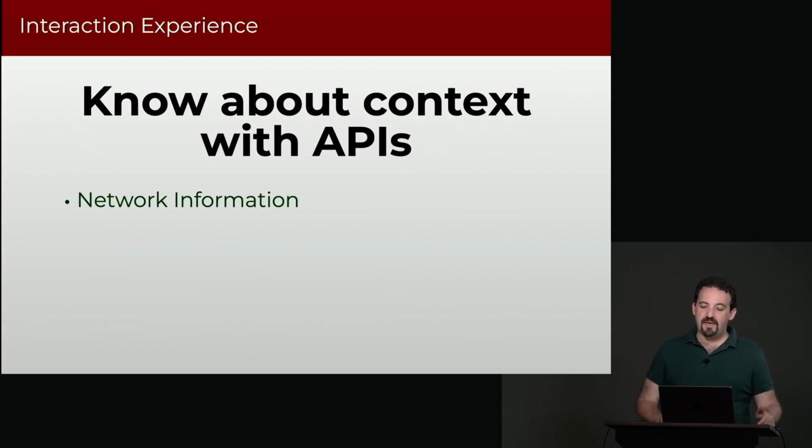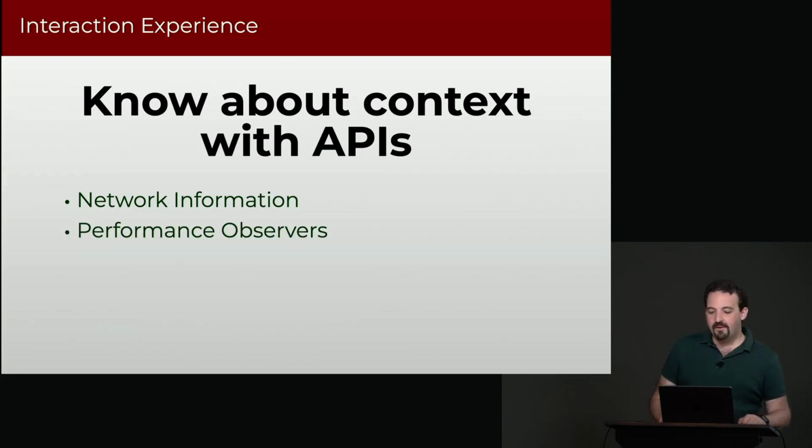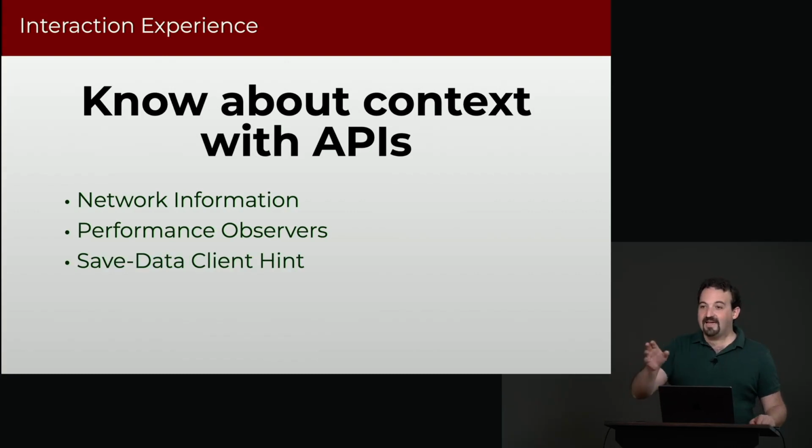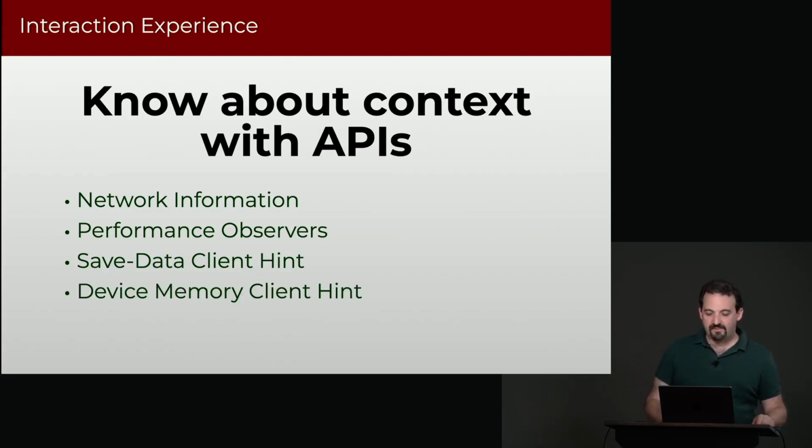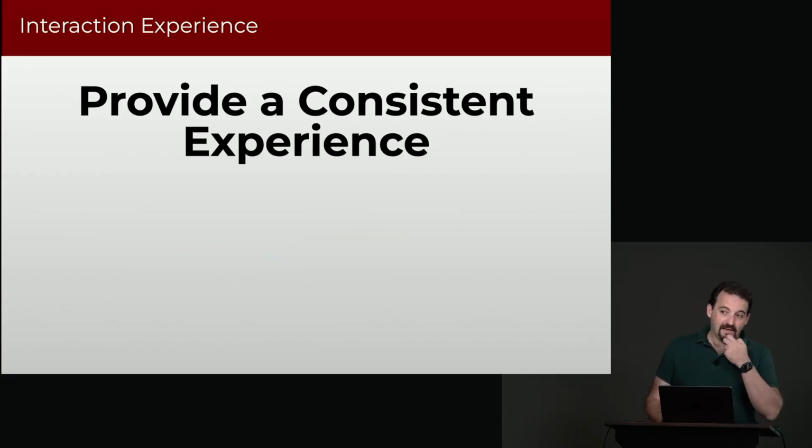So using different APIs. Network Information API is a JavaScript API that will let you know the current, for example, latency. Performance observers. Save data, that's a client hint that I mentioned before, if the user wants to save data. Device memory, and more. And then, based on that, you provide a consistent experience.